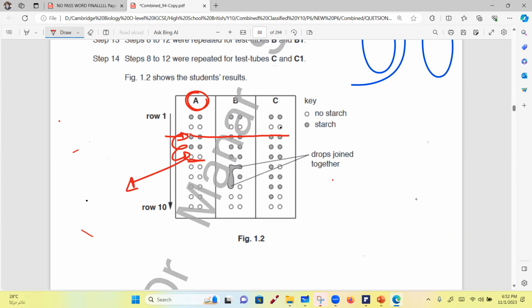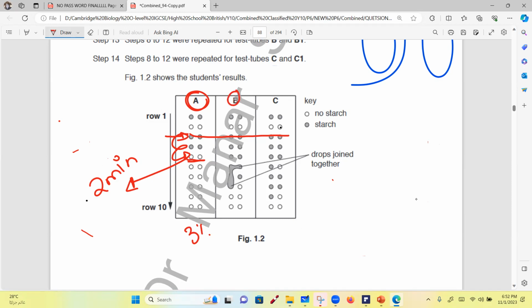Very good. This means that the starch has been digested. So test tube A took 2 minutes for the starch to be digested. And actually, the reason is that in A the concentration of enzyme was the highest. It was 3%.